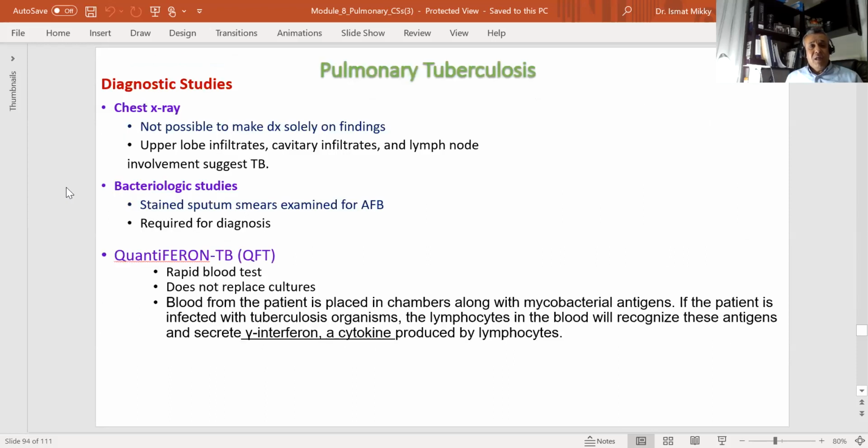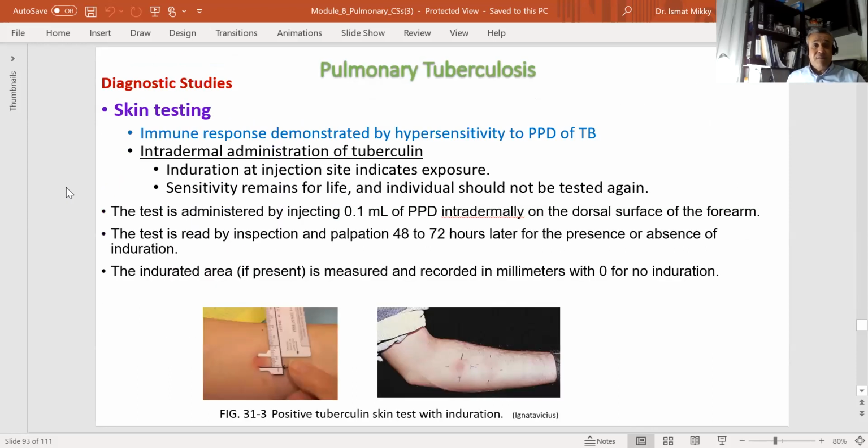The response is a type 4 delayed hypersensitivity reaction. We have to measure both the induration, the raised area, and the erythema, the redness as well.